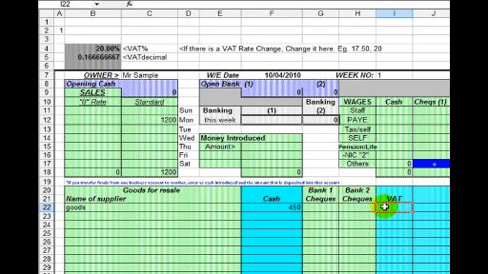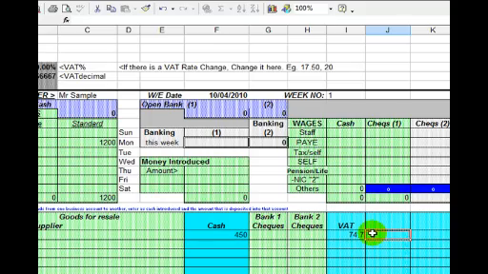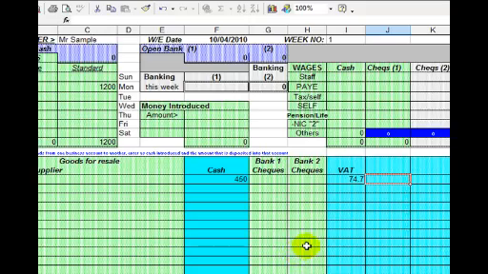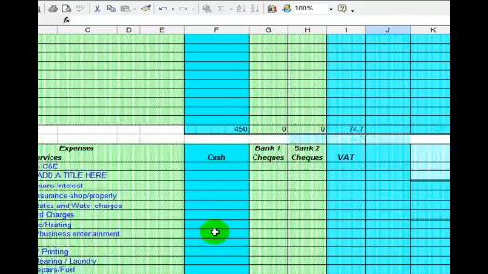And the VAT is £74.70. Okay, we're not going to bother about the expenses side of it just yet.